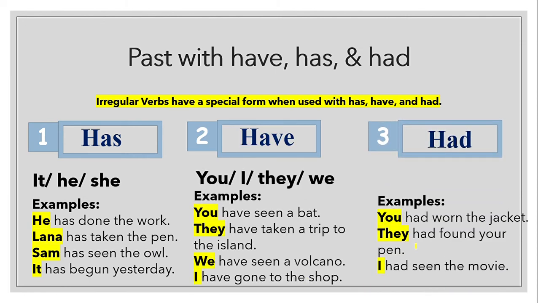They had found your pen. I had seen the movie. So I use found, seen, worn. Before the irregular verbs, we have had, have, or has. These are three helping verbs that come before the main verb.